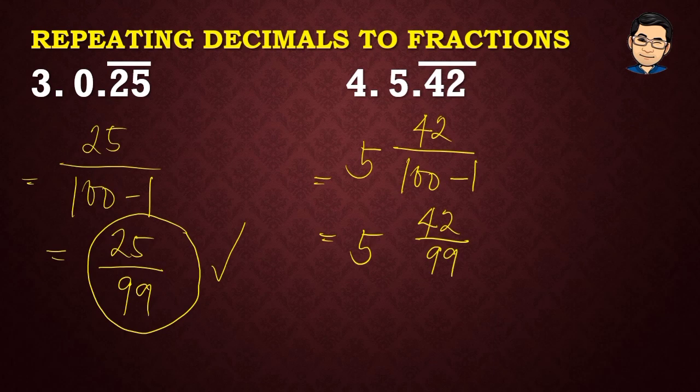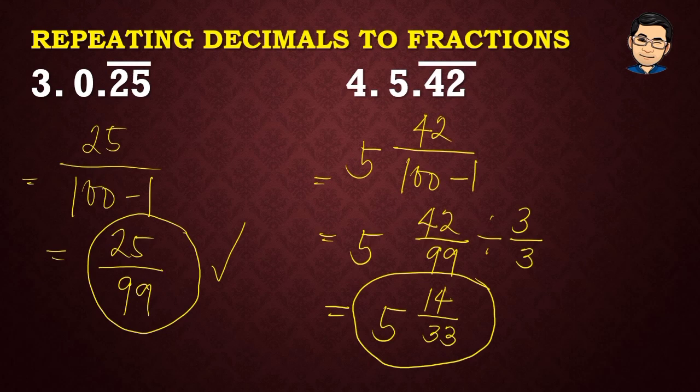So, may common factor ang 42 tsaka 99, which is 3. So, kailangan nating i-divide sa 3. So, our final answer will be 5, and then 42 divided by 3, that is 14, 99 divided by 3, that is 33. Okay, so our final answer will be 5 and 14 over 33.